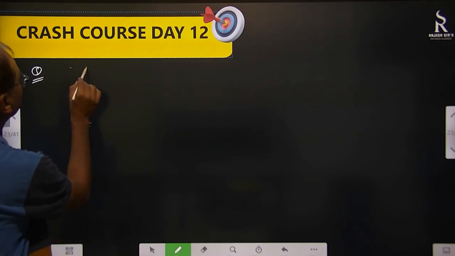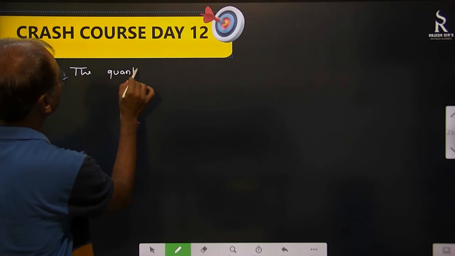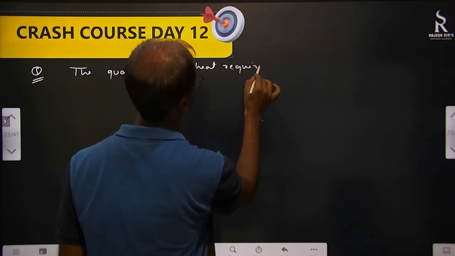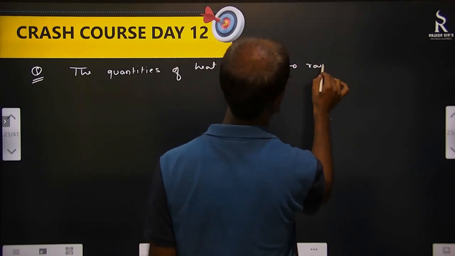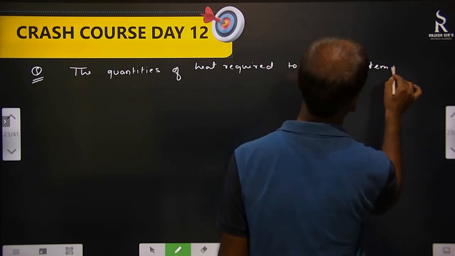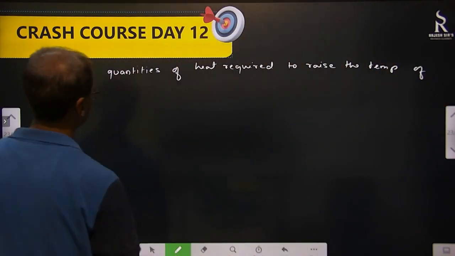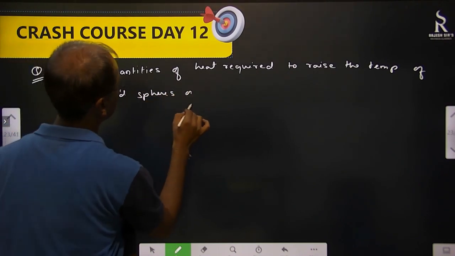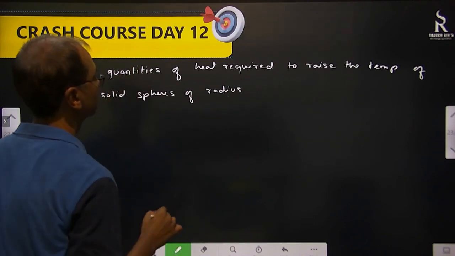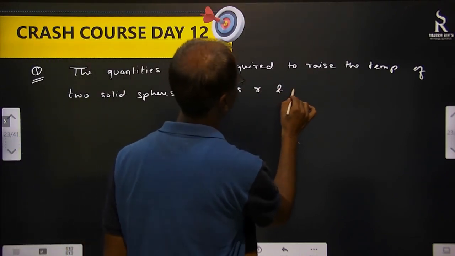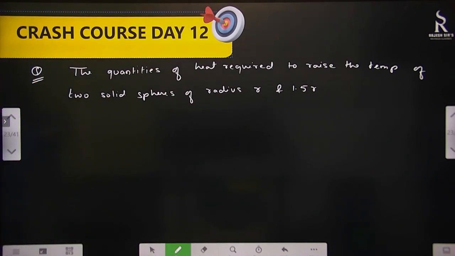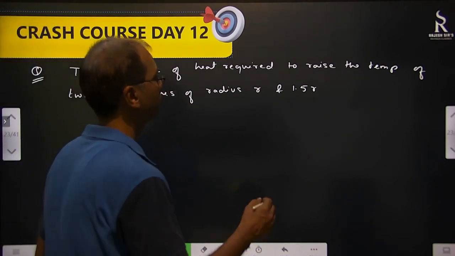The question is the quantities of heat required to raise the temperature of two solid spheres of radius r and 1.5 r by 1 Kelvin.